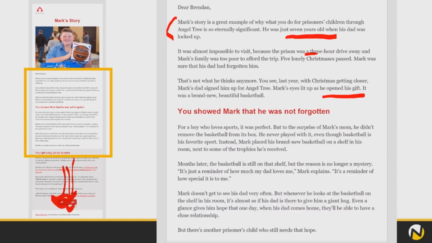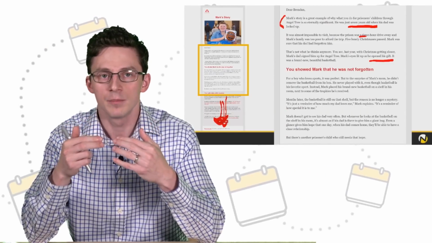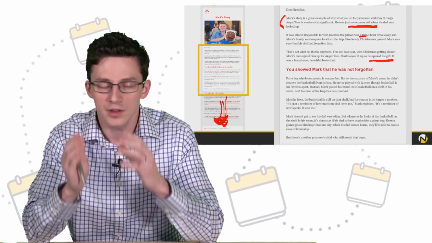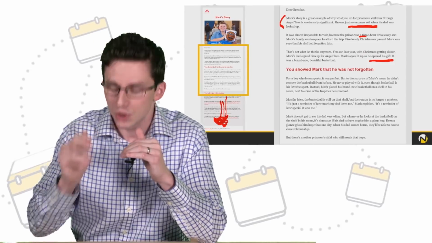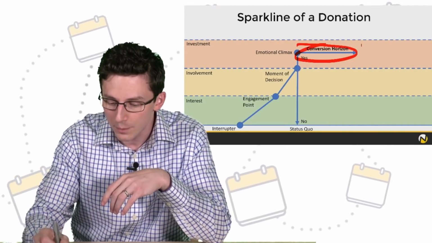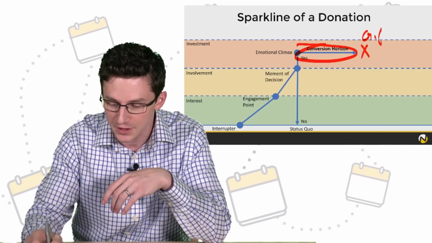Maybe there's something you've said in your email and your direct mail piece that's caught their attention. Maybe it's helped them see your organization in a new light. But that's where the climax happens. But now you've got to manage that, okay, to the point of actually giving a gift.